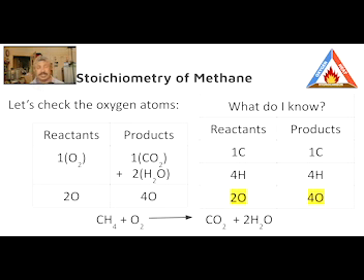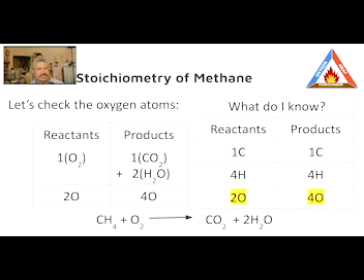On the product side, as I said before, there's oxygen in the carbon dioxide as well as the water. I have 1 carbon dioxide that's carrying 2 oxygens, so that's 2 there. I now have 2 molecules of water, and there's only 1 oxygen in a molecule of water, so that's 2. 2 plus 2 is 4. So I have 4 oxygens on the product side now, after balancing my carbon and my hydrogens.